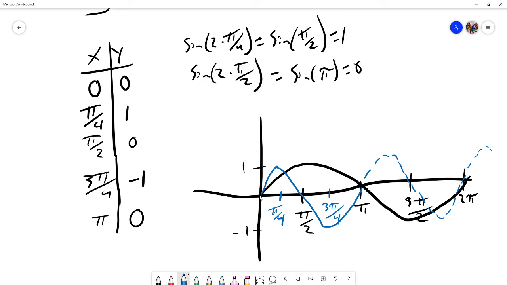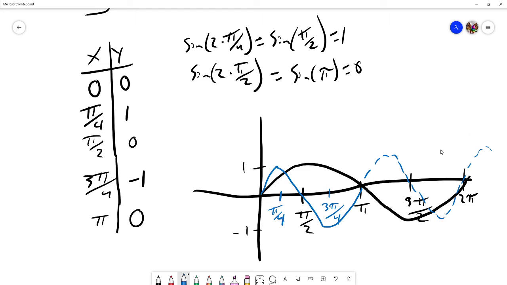That means in an interval of 2 pi amount, like from 0 to 2 pi or 2 pi to 4 pi, we get one full snapshot of our graph, because it just repeats this wave pattern for all of infinity.